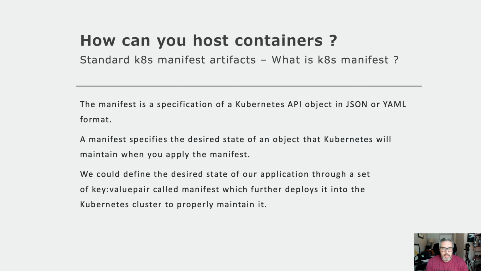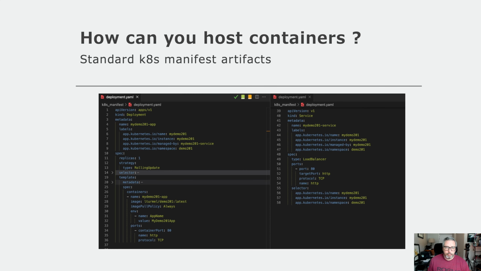We could define the desired state of our application through a set of key value pairs called a manifest, which we then deploy into the Kubernetes cluster to properly maintain it. So we're gonna see it later. And this is a sample of the standard Kubernetes manifest files. The screenshot doesn't give much value, but we're gonna see it in VS Code as well.